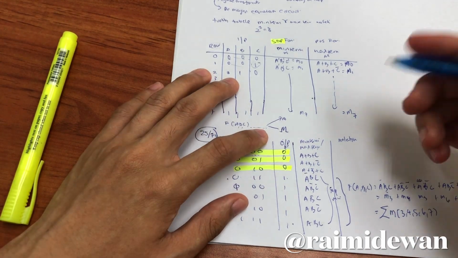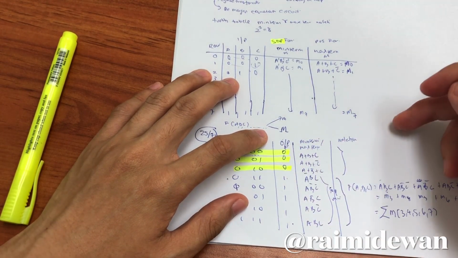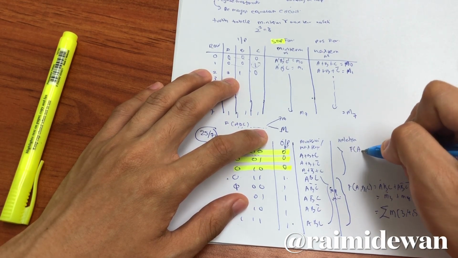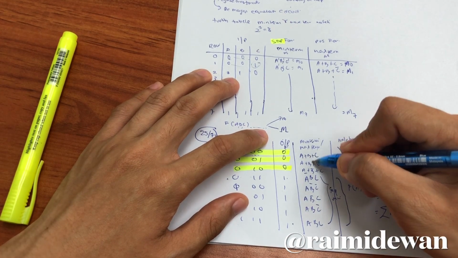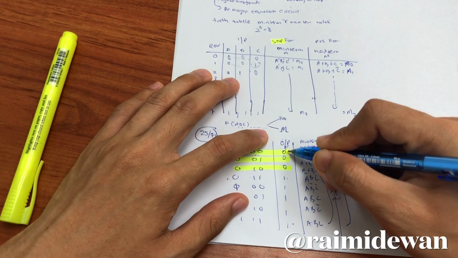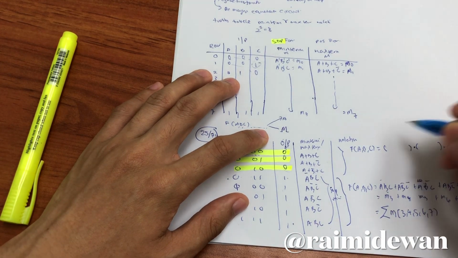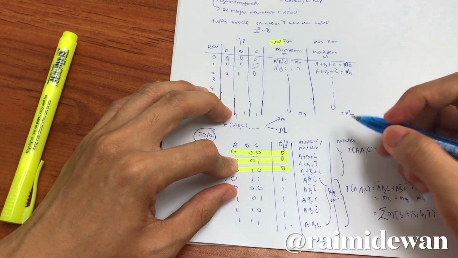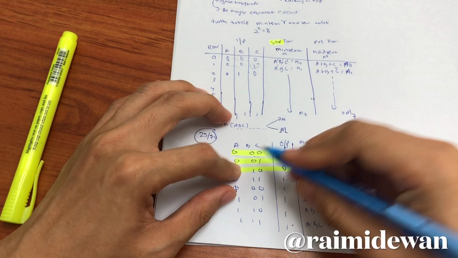The next one is described using maxterm, so it should be POS, product of sum. So you have 3 possible combinations that result in function 0. And this one is 0, 0, 0, so it's using the maxterm A plus B plus C. And how about this?